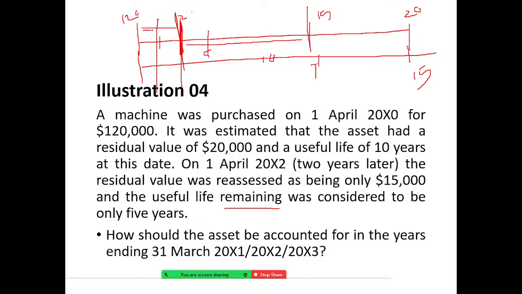How to get the carrying amount? It's 120 less 10,000, 10,000 for every year. So therefore at this point the carrying amount is 80, and the residual value is 15, so it should be deducted, and the remaining life is 5. Then 65 over 5 will be charged each year, right?